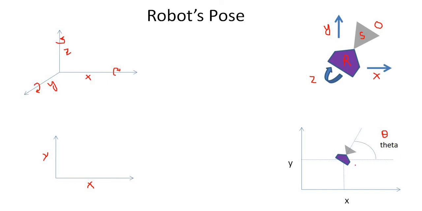Combined, they are called pose. The pose of the robot is equal to the position of the robot and its orientation. So we can call it x, y, which is the y coordinate, and theta. This is the robot pose.